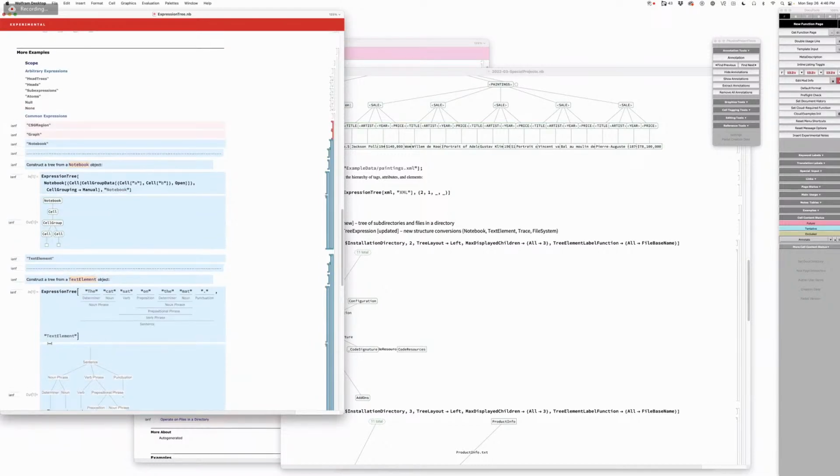What am I looking at specifically here? There's nothing in this. It just says notebook. It doesn't have anything in it. That's the example output for what converting a notebook into a tree would do.